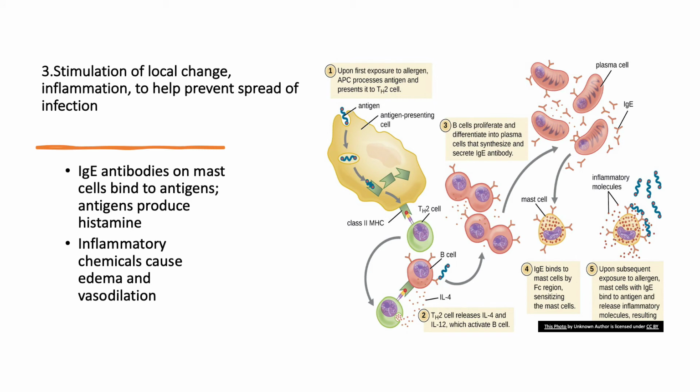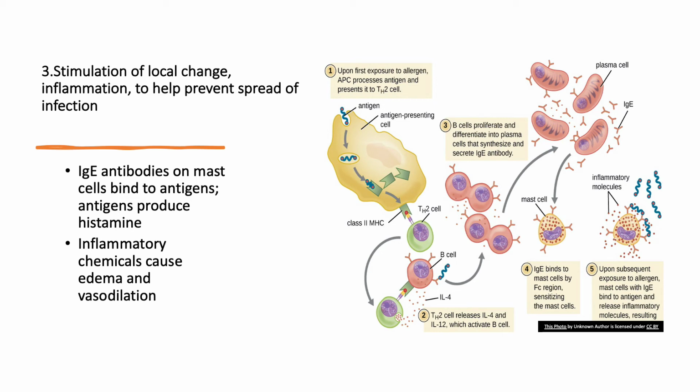The third one is the stimulation of local change, inflammation, to help prevent spread of infection. Immunoglobulin E promotes the inflammation, which may be so intense that it damages the tissues. This antibody is usually attached to the membranes of widely distributed mast cells.